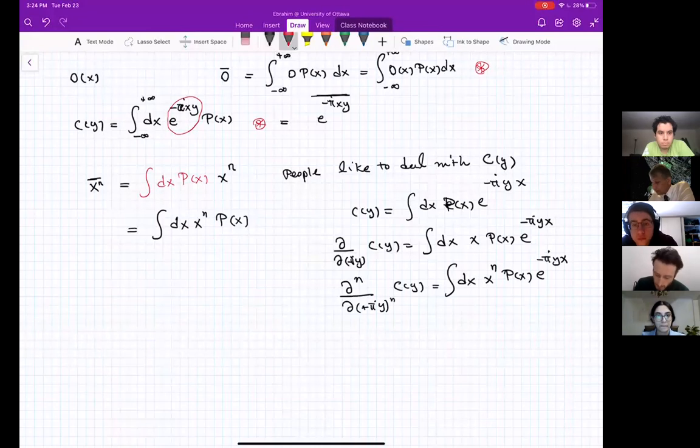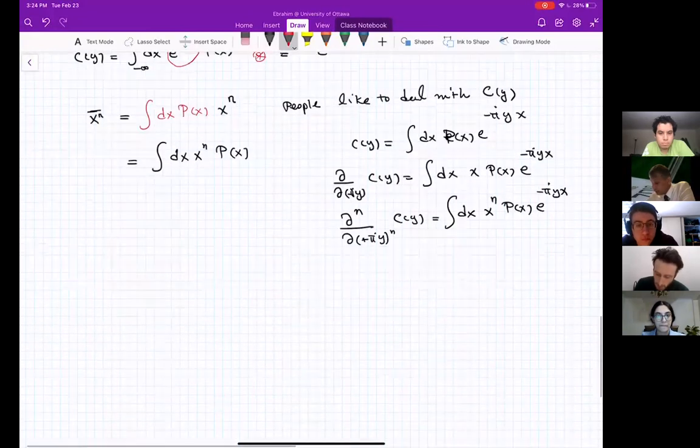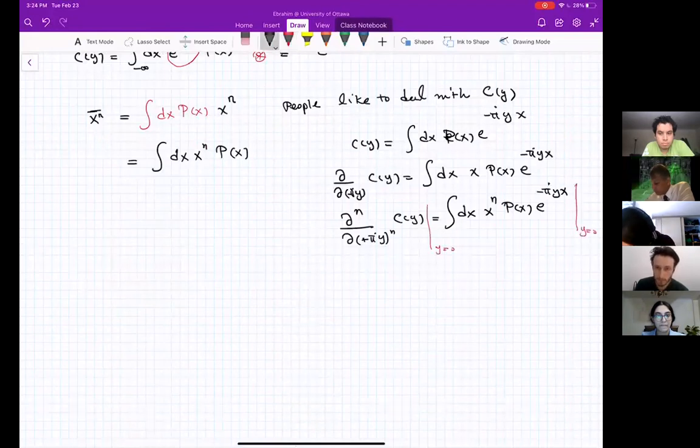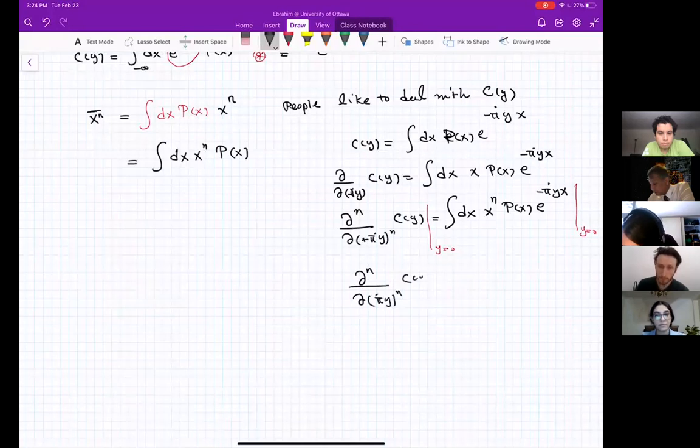Now, evaluate this at y equal to 0. What will you get? I will get the n-th derivative with respect to iy of C(y) equal to the integral of dx, at y equal to 0, x to the power of n p(x).